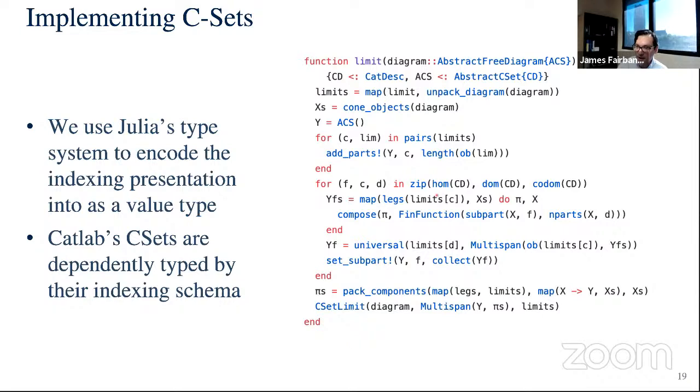I also want to point out that we encode the description of the indexing schema, which is a graph, into the Julia type system. So the types that represent CSets are dependent on a value in the category of graphs. That's pretty cool.